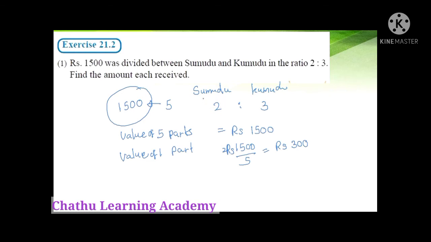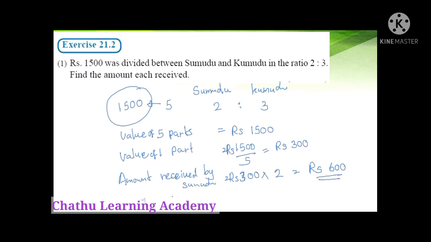It means the amount received by Sumudu. එහෙමනම් අපි ලියනවා amount received by Sumudu is equal 300 rupees multiplied by 2. එතකොට එනවා එයාට කීයද? 600 rupees.